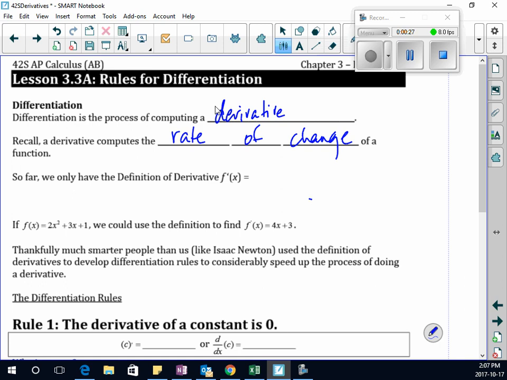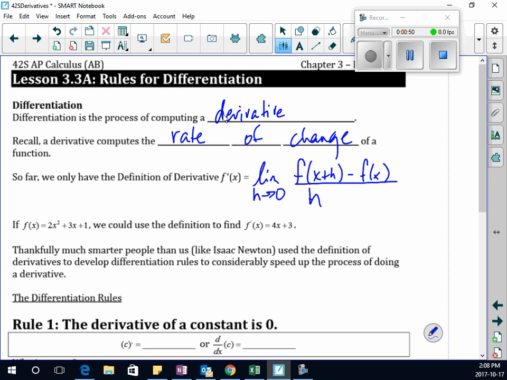So far we know the definition for derivative. We're going to use h instead of delta x. It's the limit as h goes to 0 of, what's the definition of derivative? F of x plus h minus f of x all over h. Everybody should know that, yes?